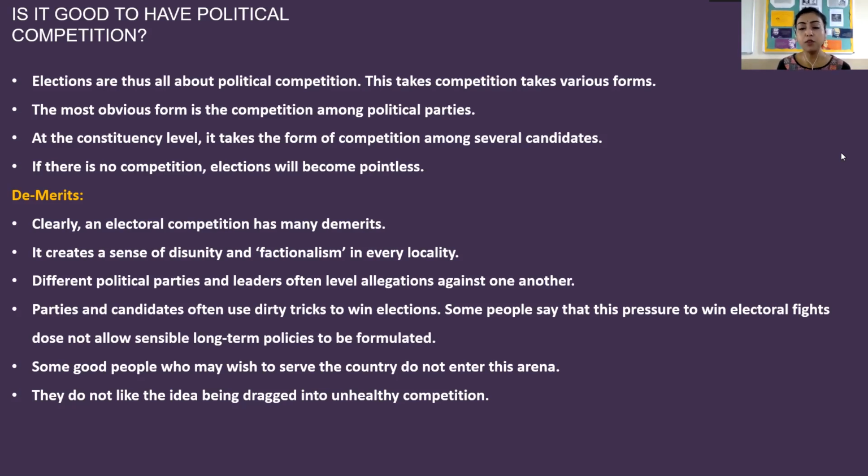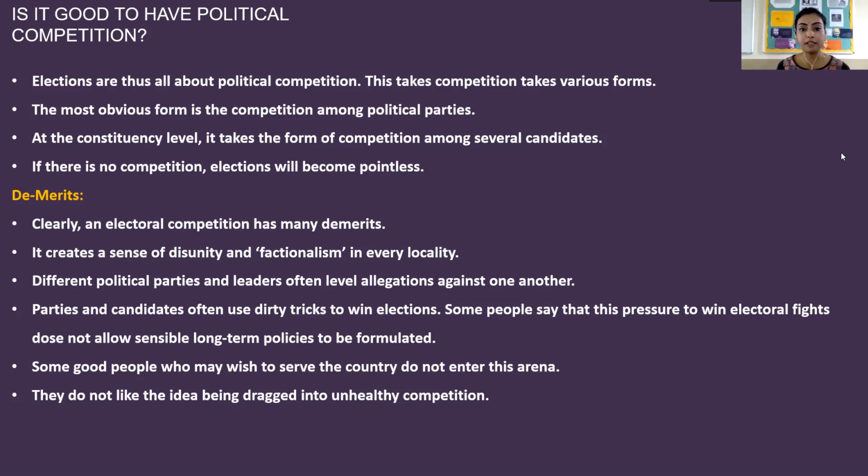Factionalism means division starts among groups of people. One group will support one party, and they will not like the ideologies of another party or the people who support it. So the first demerit is that it creates disunity, or division, among the people.